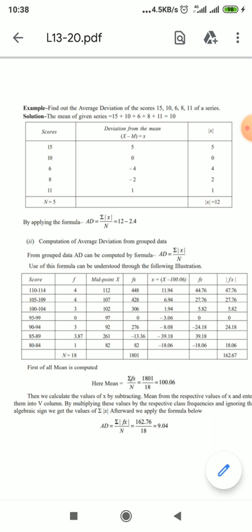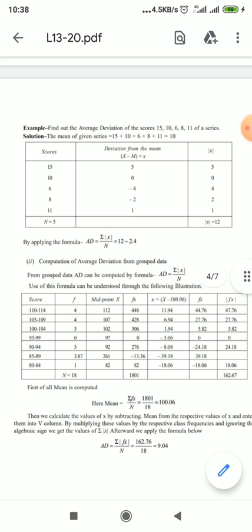The frequencies given are 4, 4, 3, 0, 3, 3, 1. After addition of the whole frequency, n is equal to 18.